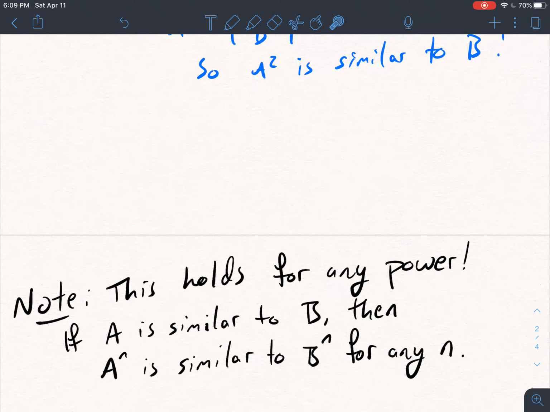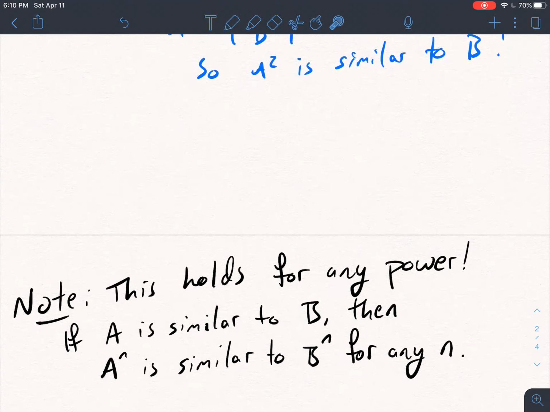And this holds for any power. So if A is similar to B, then A to the n is similar to B to the n for any positive number n. It actually also works for any negative value of n. You would just do the same thing, just using inverses.